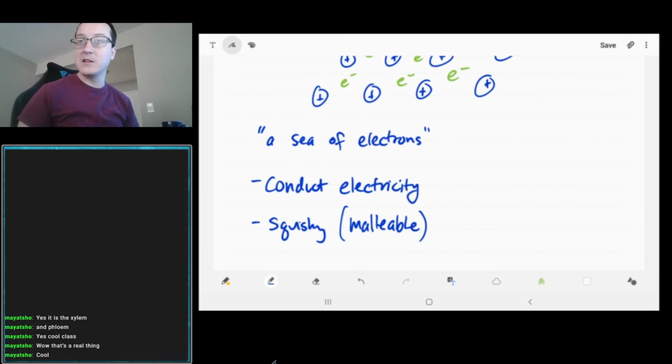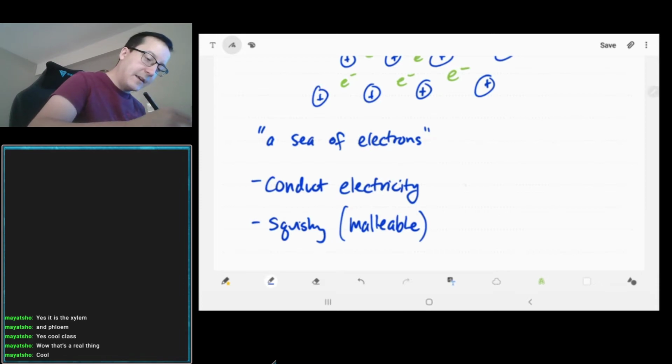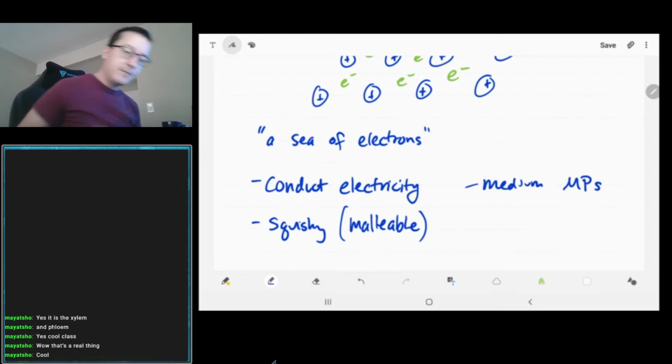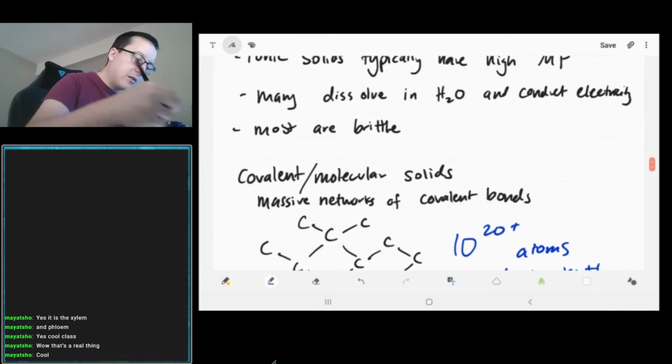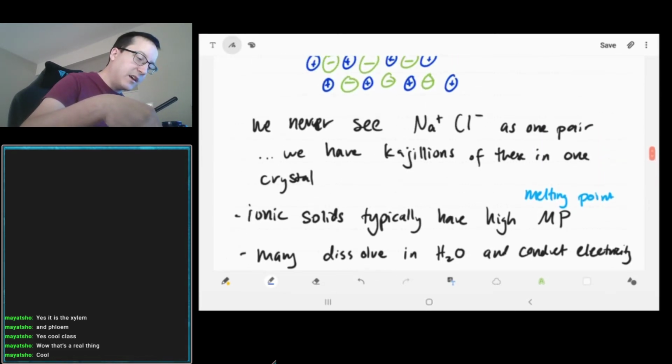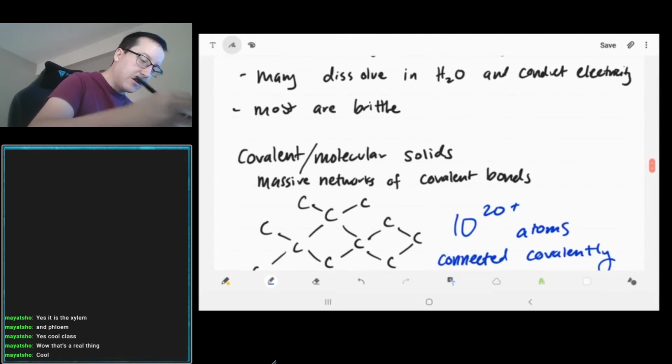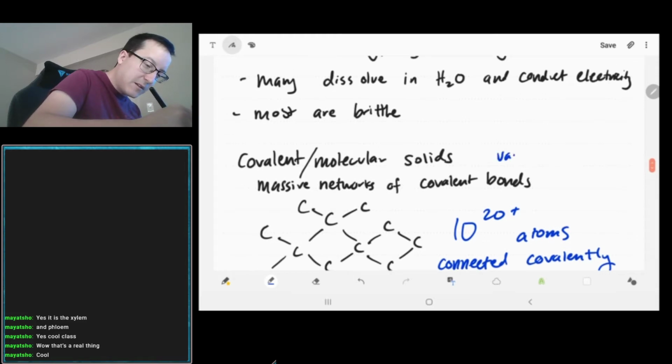So these are typically strong, right? These have medium melting points. I think I forgot to mention that these could, depending on the network solids, I'll just say various melting points.